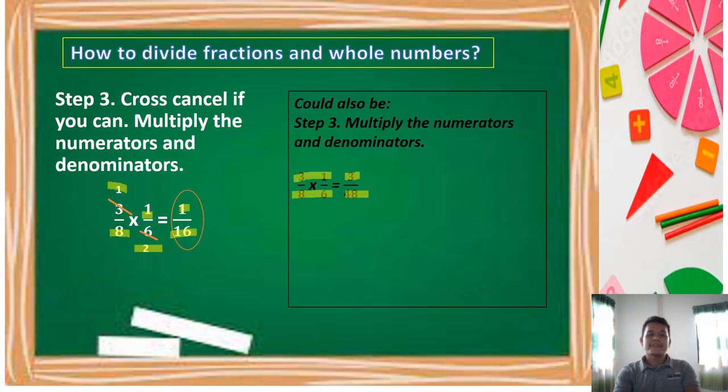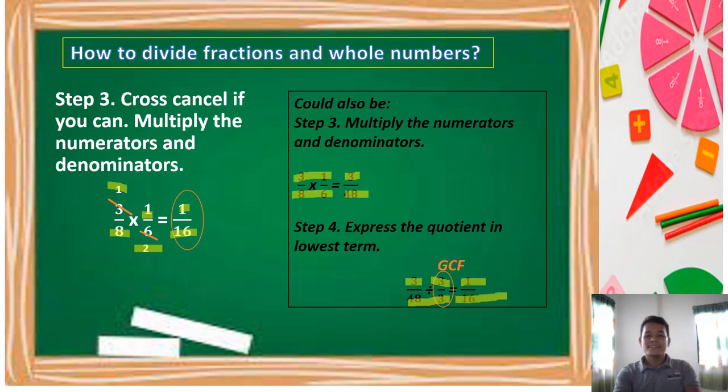But take note, that fraction is not yet in the lowest term. So we'll have step 4, express the quotient in lowest term. Therefore, for 3/48, the GCF of 3 and 48 is 3. 3 divided by 3 equals 1, and 48 divided by 3 equals 16. So we got the same answer, which is 1/16.